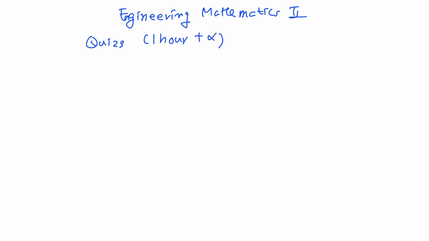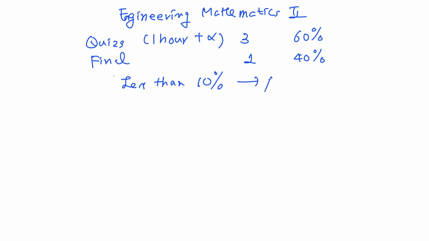So usually we have 3 quizzes and 1 final, 60%, 40%. And usually less than 10% get an A plus.